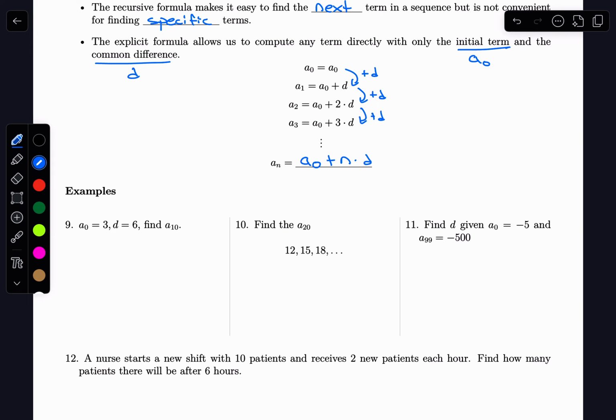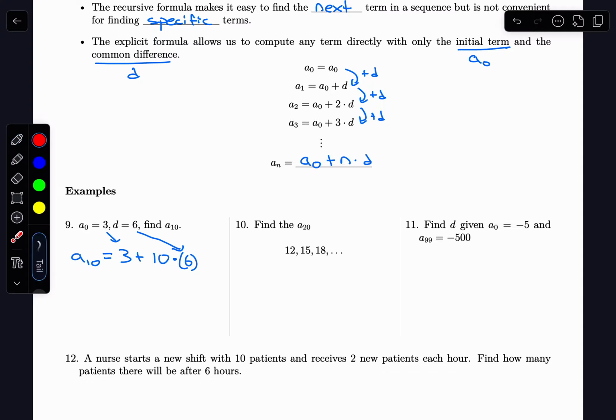All I'm going to do is take the formula, a sub n equals a naught plus n times d, and plug in my numbers here. So a sub 10 is going to be equal to a naught, which is 3, plus n times d. n here is 10, so 10 times d, and d is 6. So I have that a sub 10 is equal to 3 plus 10 times 6.